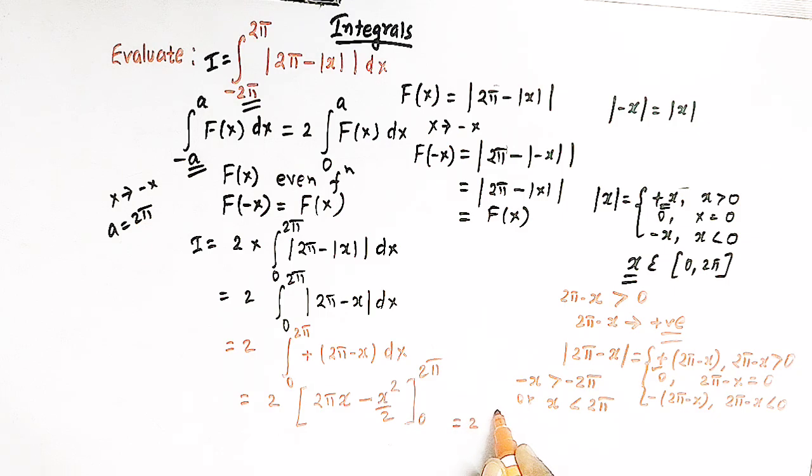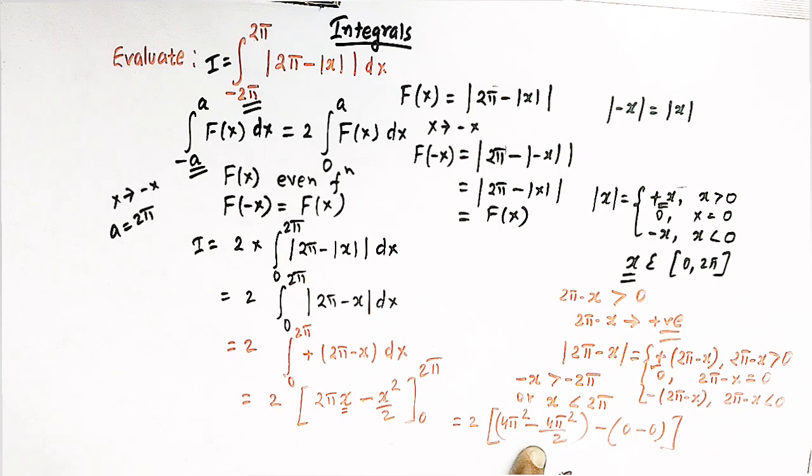Now we can simply substitute the limits and take the difference. When x is equal to 2 pi, we have 4 pi square, and then 2 pi square, that is 4 pi square over 2, and when x is equal to 0, both these terms reduce to 0, so we have 0 minus 0.